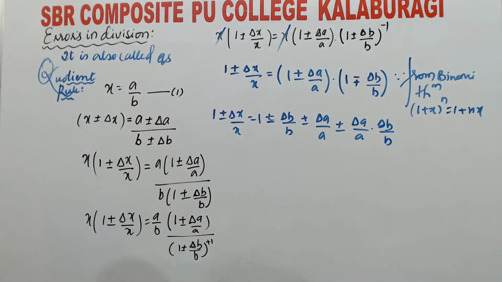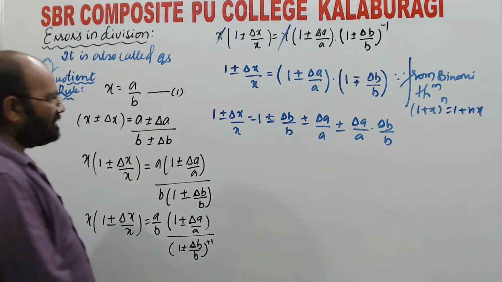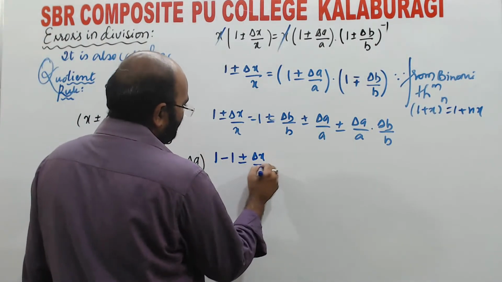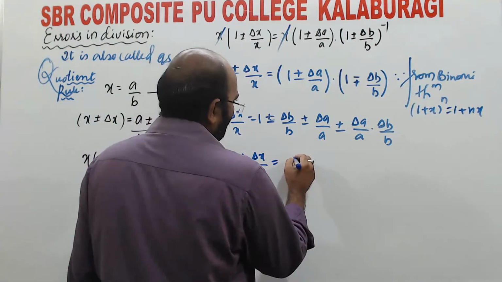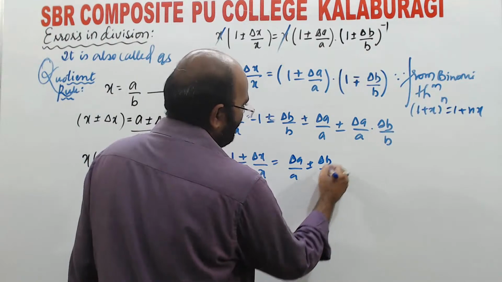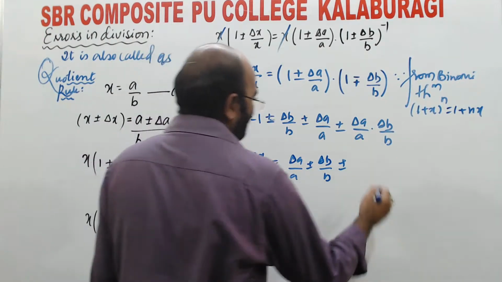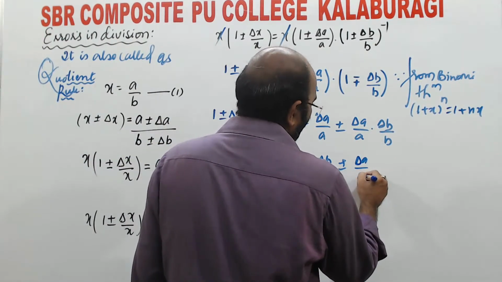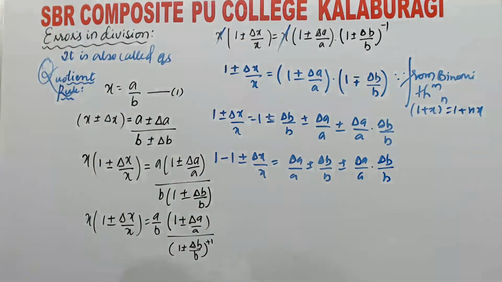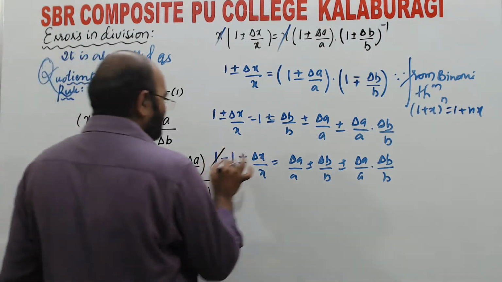Then you see from LHS and RHS, what do you get now? 1 minus of 1 plus or minus delta x by x is equal to delta a by a plus or minus delta b by b plus or minus, what do you get now again? It's delta a by a into delta b by b. That plus 1 and minus 1, the plus 1 and the minus 1 terms will get cancelled over here.